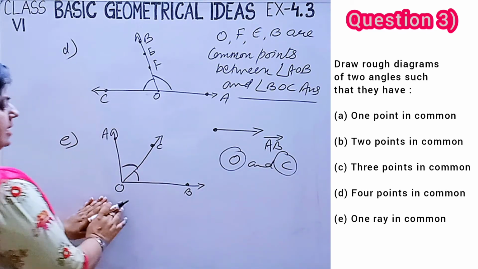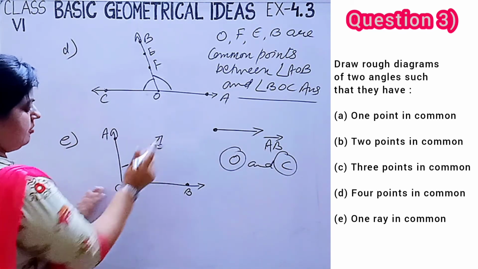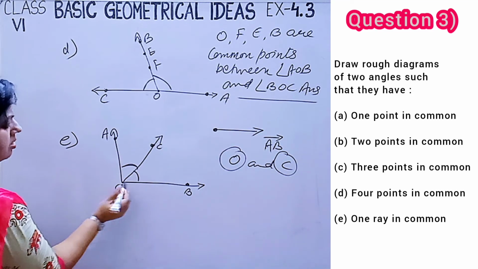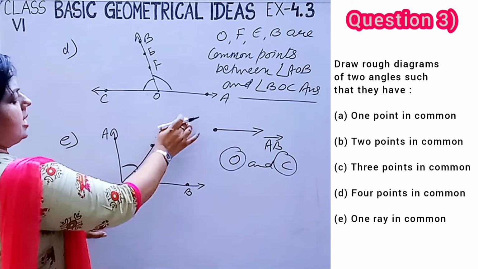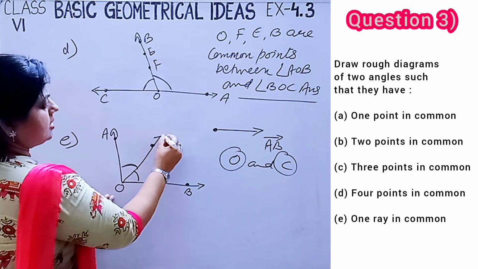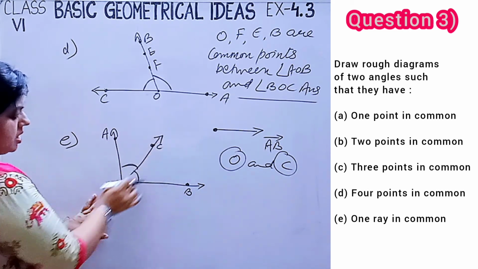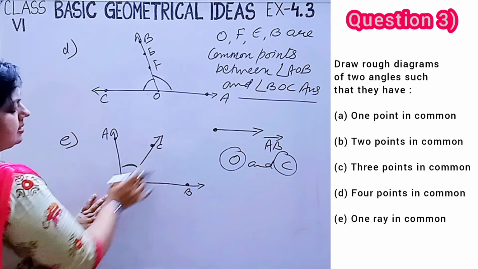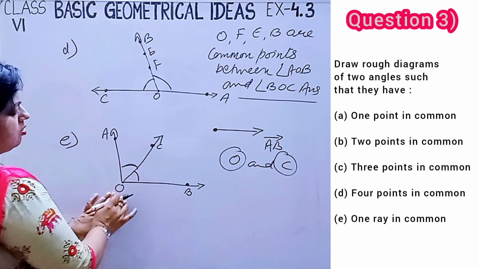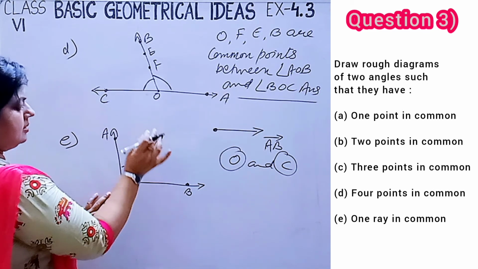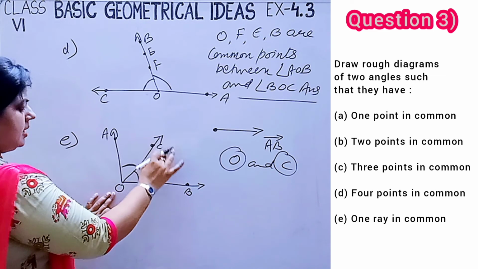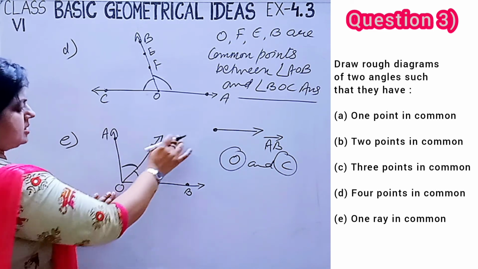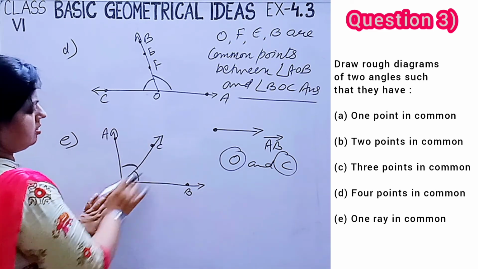But if I write OC, we know the starting point, this is O, but we don't know the ending point. So this is an arrow. Now our OC is our ray. It means OC is a ray and this ray is common in AOC and BOC.